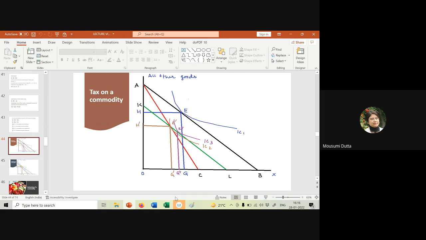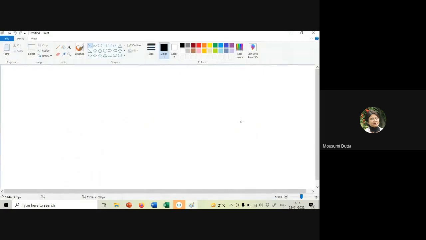Here we consider the impact of indirect tax imposed by the government on a particular commodity.